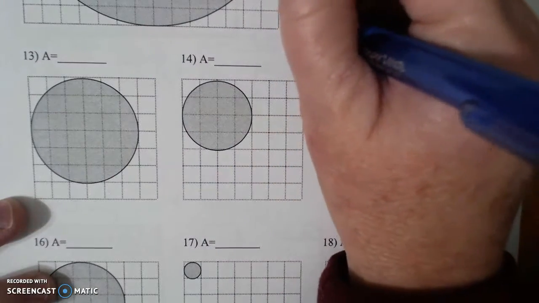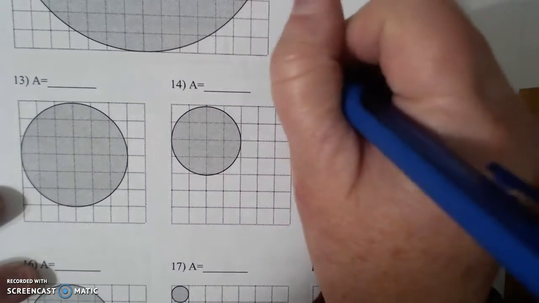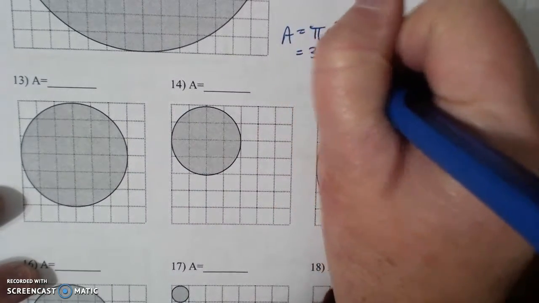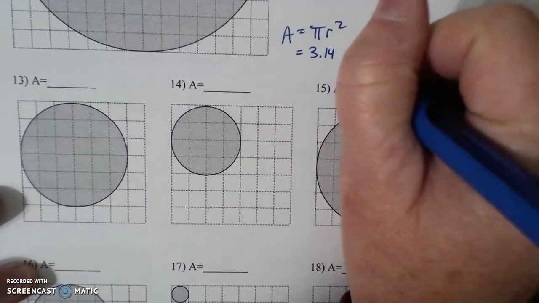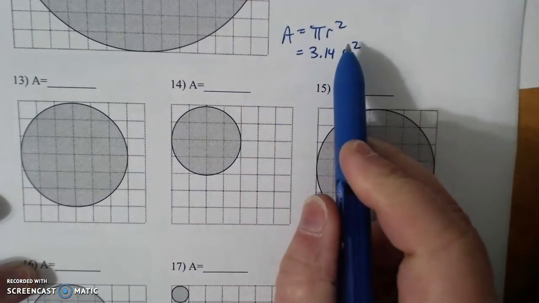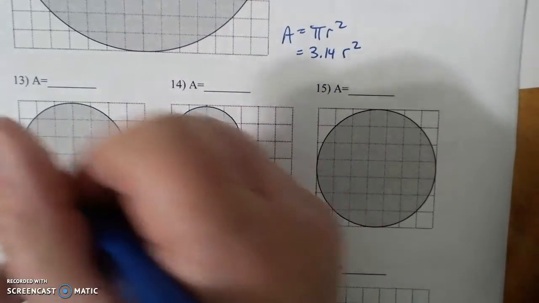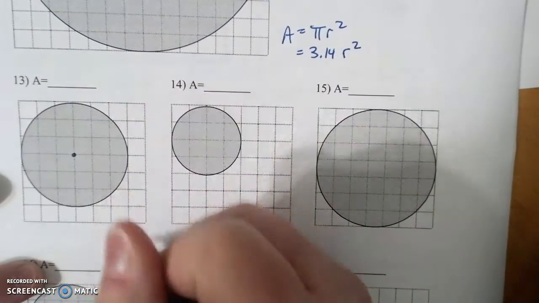So the area of a circle is area equals pi r squared. And pi, we're going to use 3.14. Radius is squared. So you're going to have to identify the center of the circle.